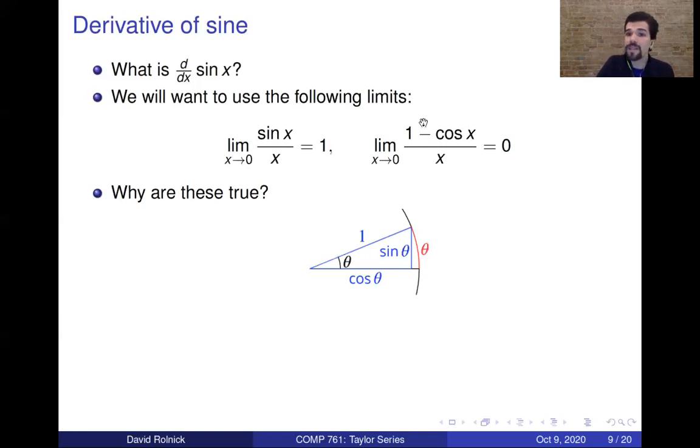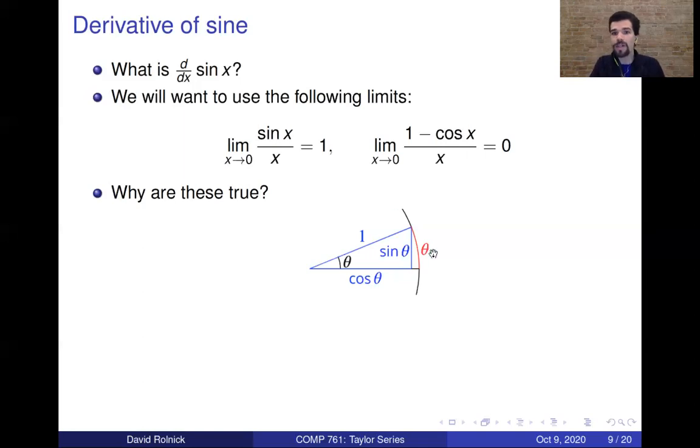Now, what about 1 minus cosine of x? Well, 1 minus cosine of x is just this thing. It's the bit here that's part of the radius, because the radius of the circle is 1. And cosine is just this thing in blue. And so it's this little tiny thing. And as you can see, this is moving towards the edge of the circle. So this tiny thing is getting really small. And it's getting small faster than, this is basically becoming a really steep sliver, almost a right triangle, basically.